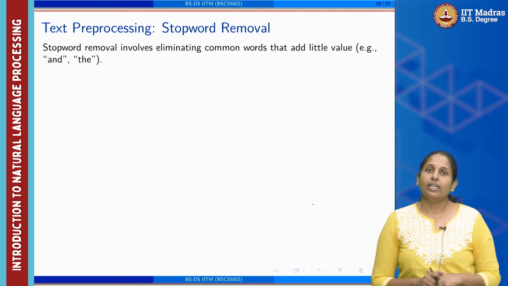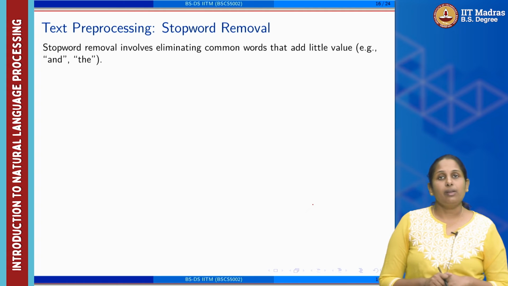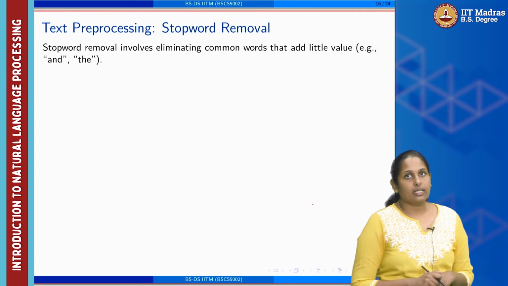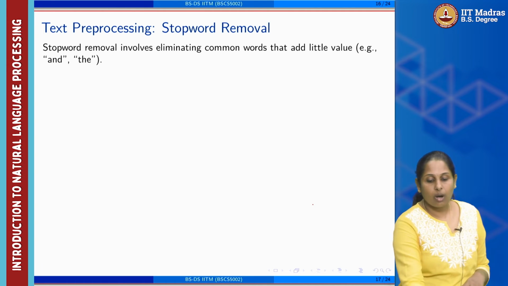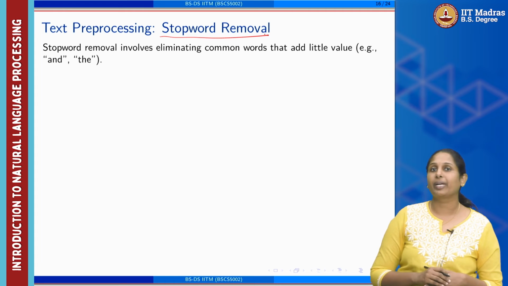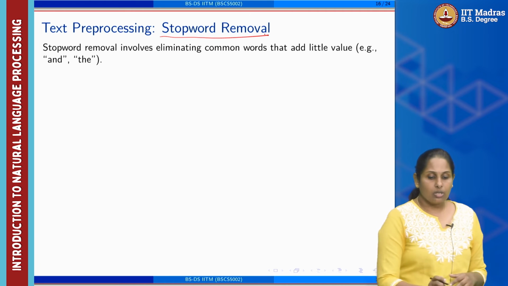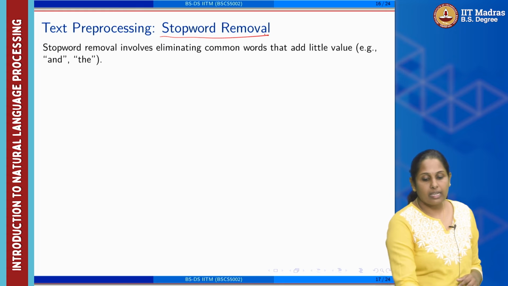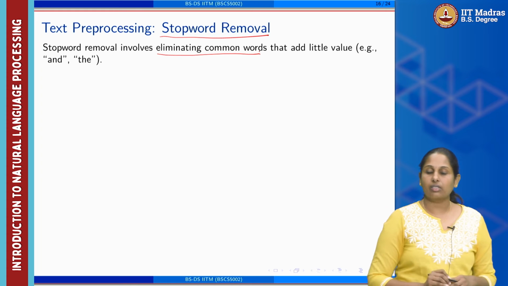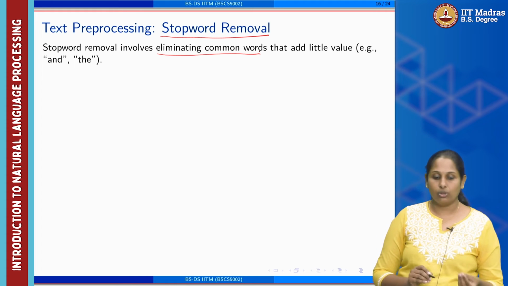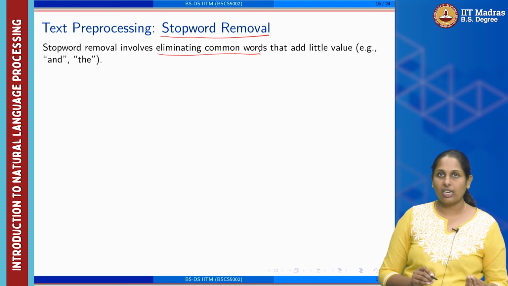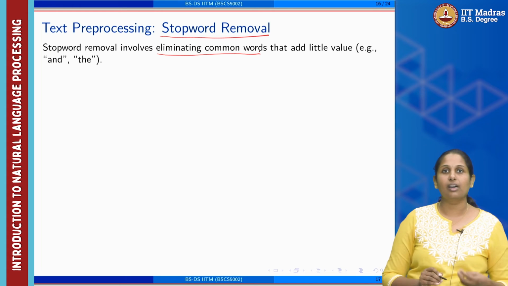Okay. Then what else? Another pre-processing technique that is important here is stop word removal. Again, it depends upon the application. So, what is a stop word? A stop word eliminates the common words that add little value to the text, functional elements like and, the, of, in.